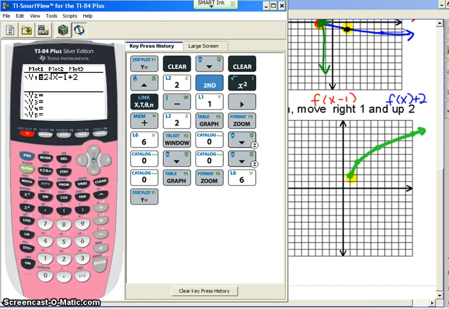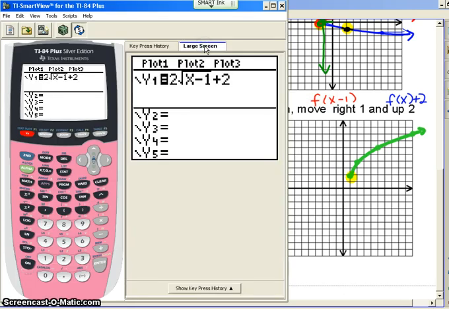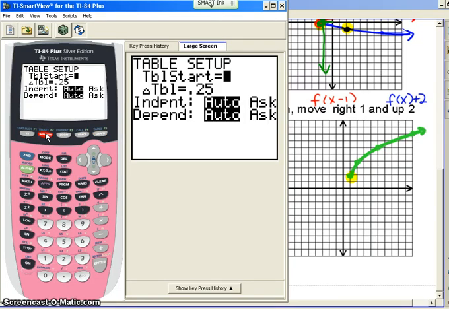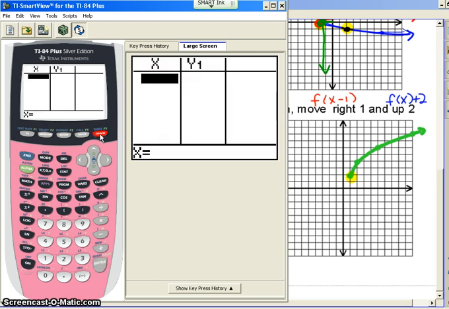Let's type in, after you type in your equation, then graph it. You can see that the graph matches, but before you graph it, you could actually go to your table. If you set it up like this, second window, go to ask, and then second graph.